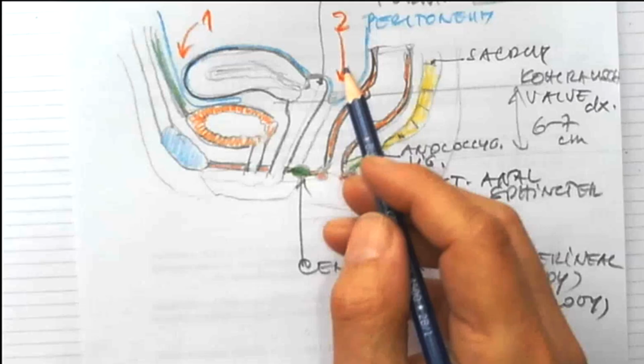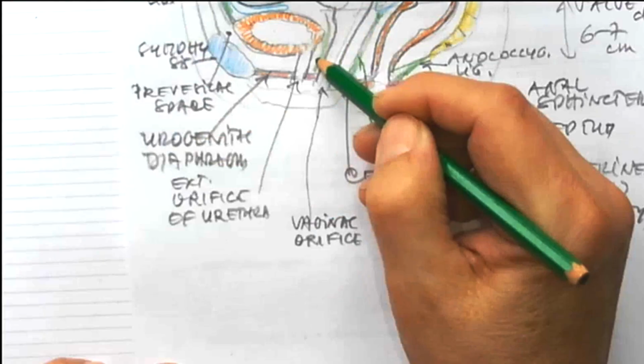It doesn't exist in male because there is the rectovesical, and another narrower septum lies also here behind the anterior wall of the vagina and the posterior wall of the bladder, and we call it vesicovaginal. We have place, yes, for the name here. Vesicovaginal septum, yes.